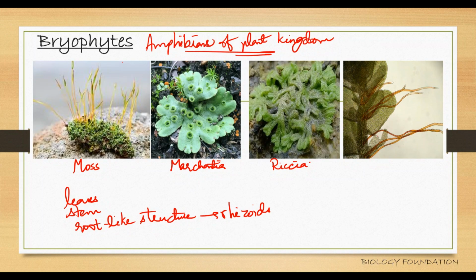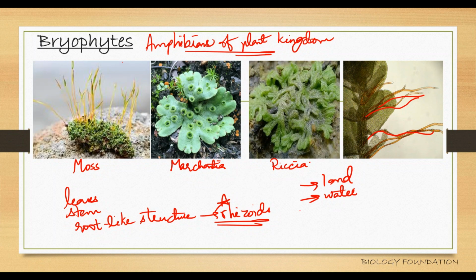Can you see here? These are not roots, but they are root-like structures and they are called rhizoids. Okay. And bryophytes grow on land and even in water, like amphibians.